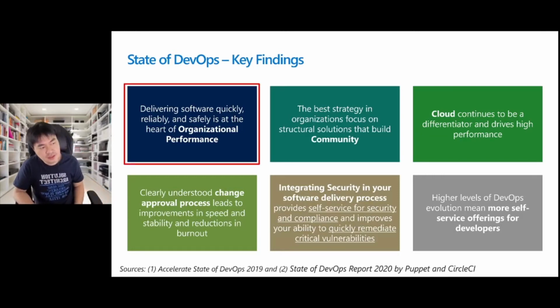The first one is that the surveys found a strong correlation between an organization's maturity in DevOps and their actual business performance. That is quite amazing. The more mature your company is in DevOps, the faster you're able to deploy, the faster you're able to address the market and create products and features for your customers.